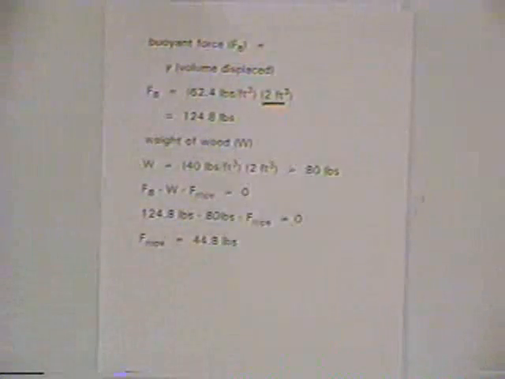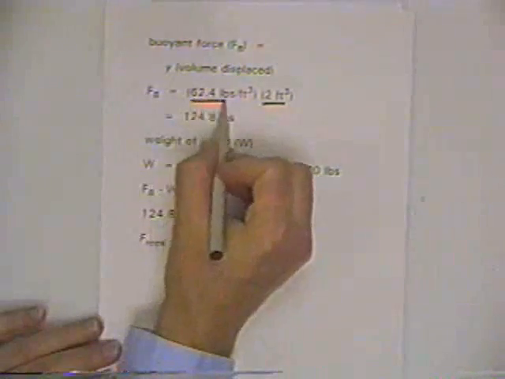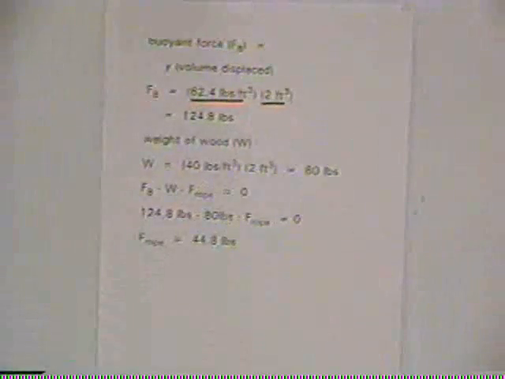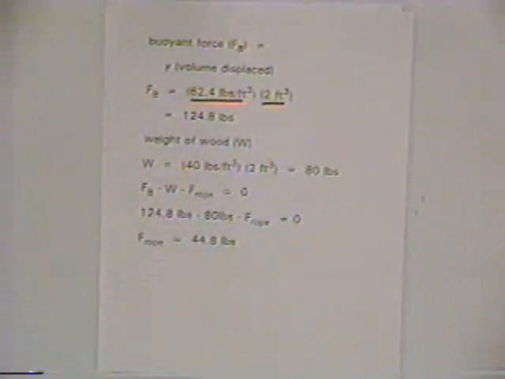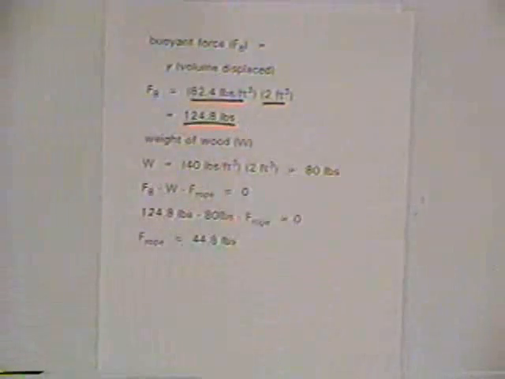And so we've got 2 cubic feet of wood there, so it's displacing the same volume of water, and the water that's getting displaced has a unit weight of 62.4 pounds per cubic foot. And so we combine the two numbers, and we get the buoyant force of 124.8 pounds. And so that illustrates the principle of buoyancy.